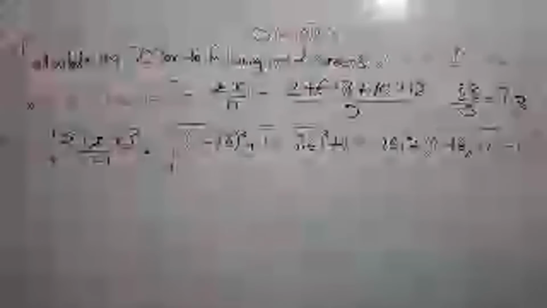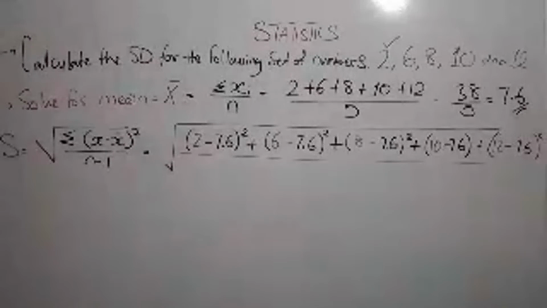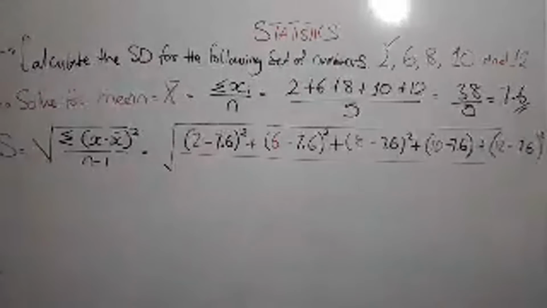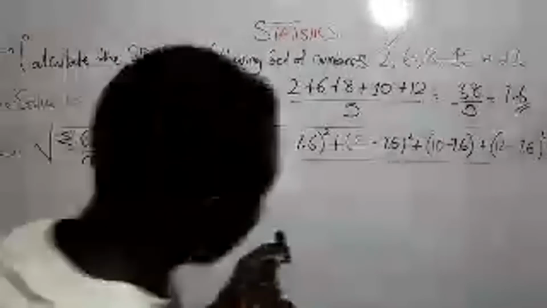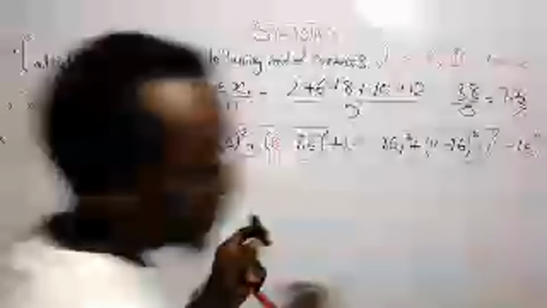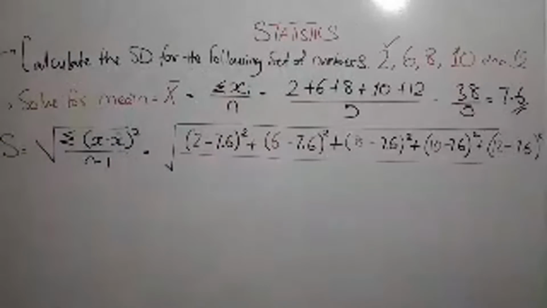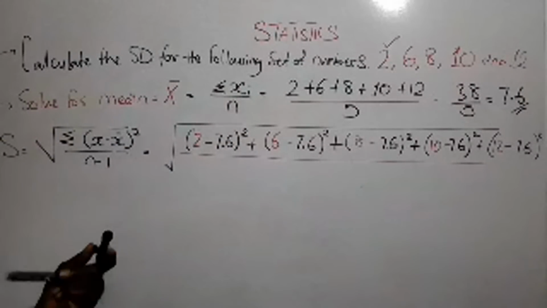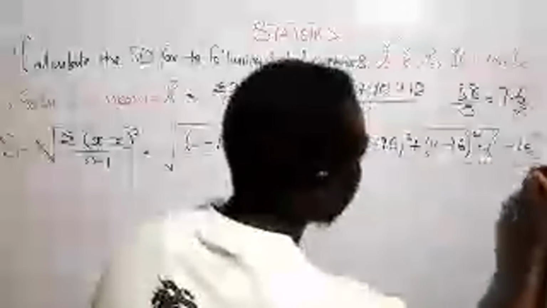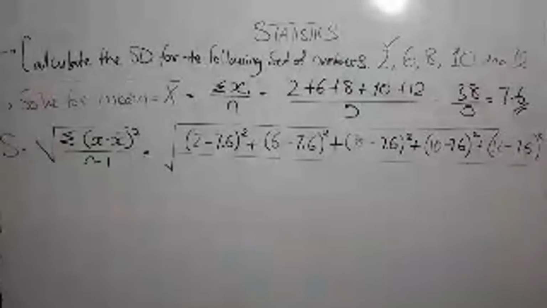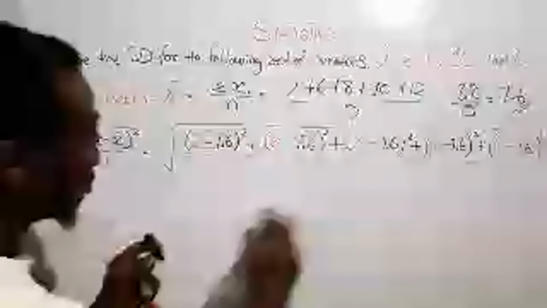And this should be 12. Minus 7.6 squared. So we have that as that. I believe you understand how we arrived here. So our n is expected to be 5. 5 minus 1.